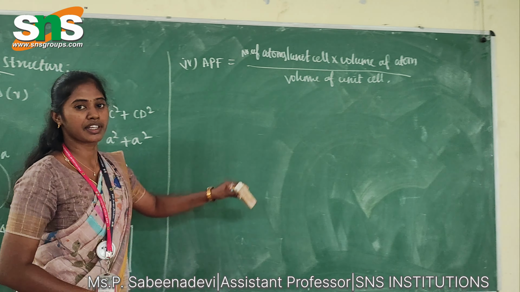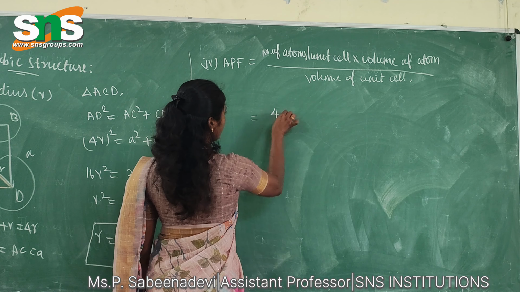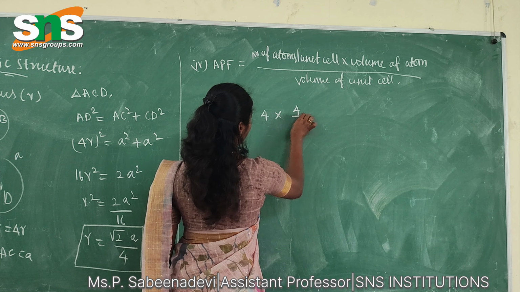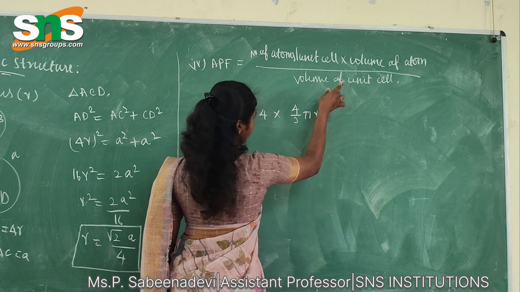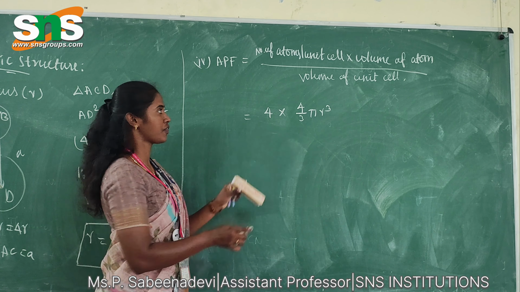Now substitute the values. The number of atoms per unit cell in FCC is 4. The volume of an atom is 4 by 3 pi r cube, because the atom is a sphere.